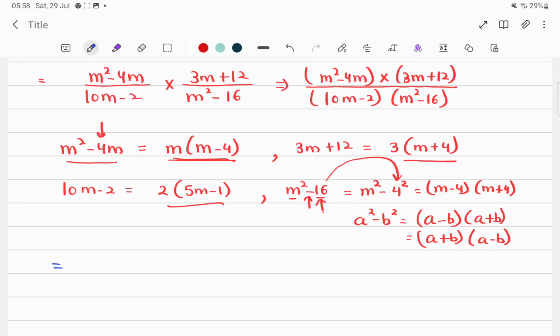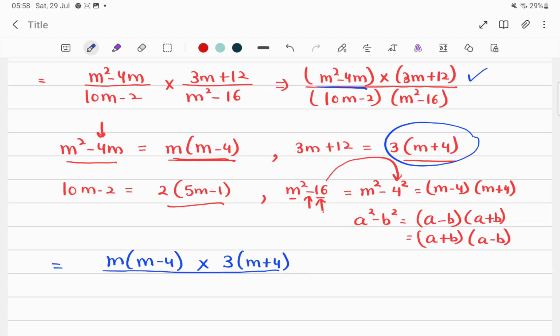So we have, the first thing is m squared minus 4m, which is m times m minus 4, multiplied by 3m plus 12, which is 3 times m plus 4. And then this is divided by 10m minus 2, which is 2 times 5m minus 1, and times m squared minus 16, which is m minus 4 times m plus 4.